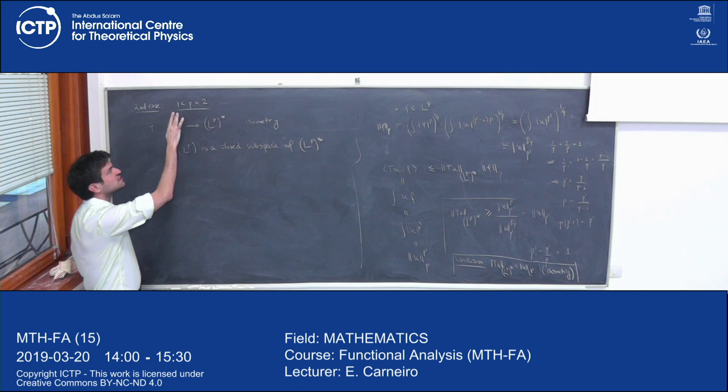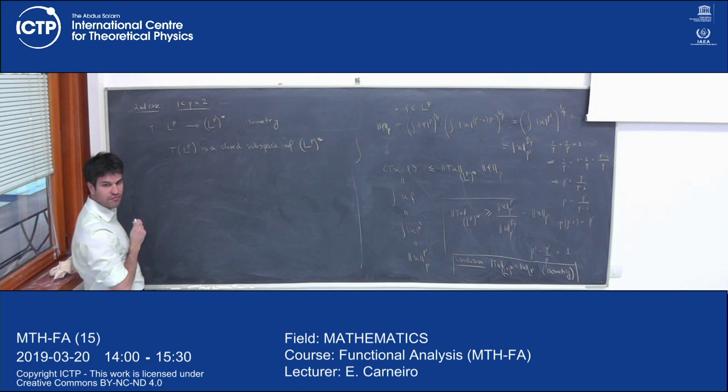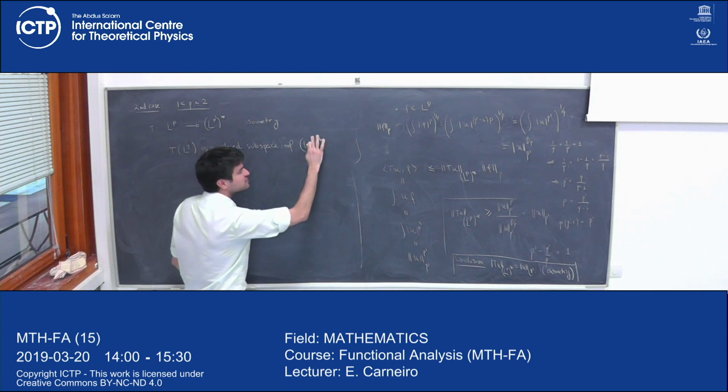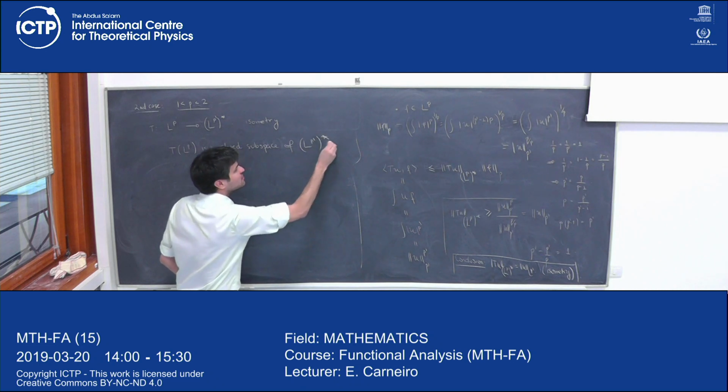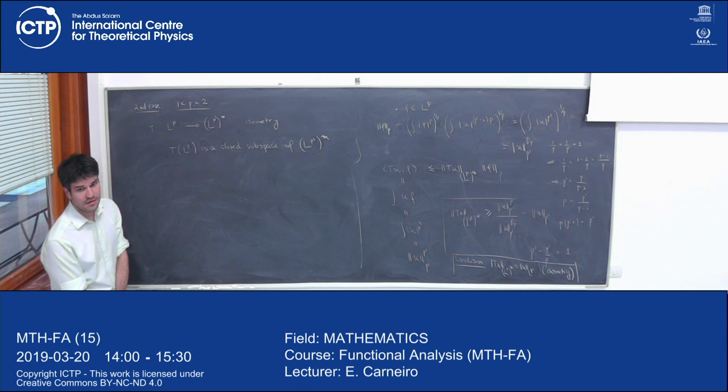So let me just construct this T from LP to LP prime. It's the same. And then this T of LP is a closed subspace of LP prime. I'm just changing the roles of LP and LP prime, and you also need to change P to P prime.